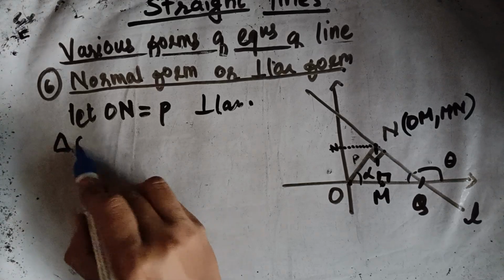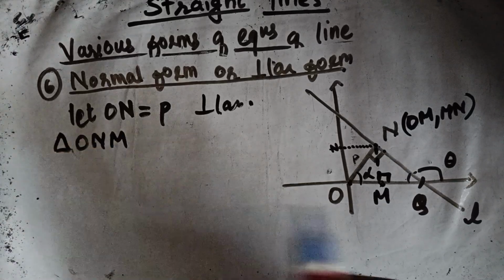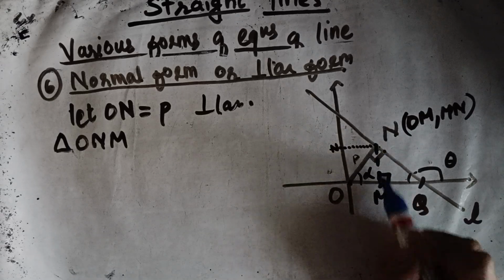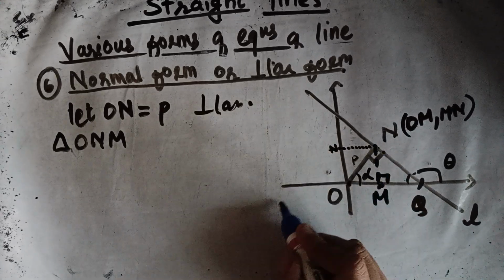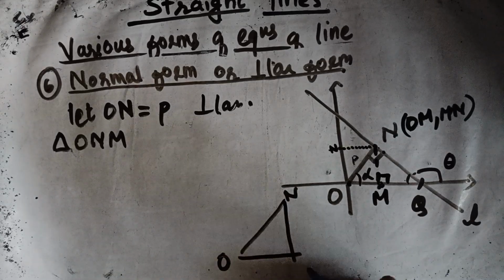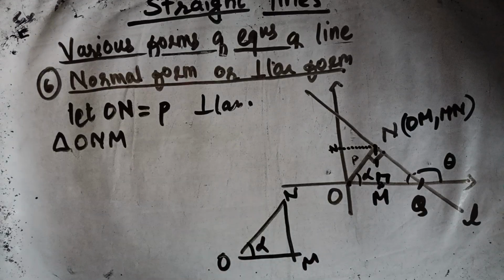Take triangle ONM. Okay. This is a 90-degree triangle. Here alpha is there.